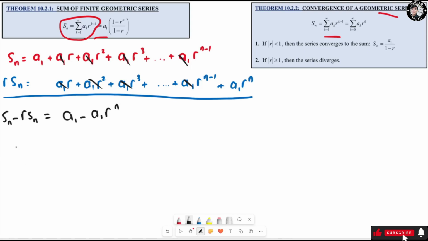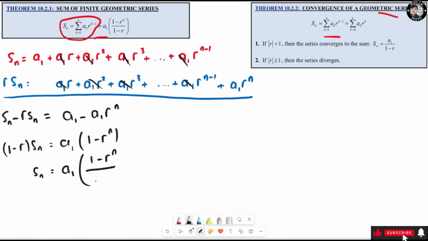Now I'm going to factor S_n out, so I have 1 minus r times S_n equals, I factor a1 out, so I have 1 minus r to the n. Divide both sides by 1 minus r, so S_n equals a1 times 1 minus r to the n over 1 minus r. And this one has been proved.